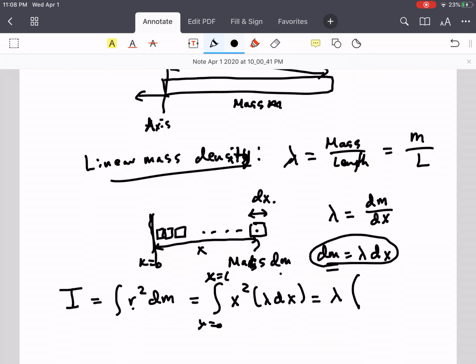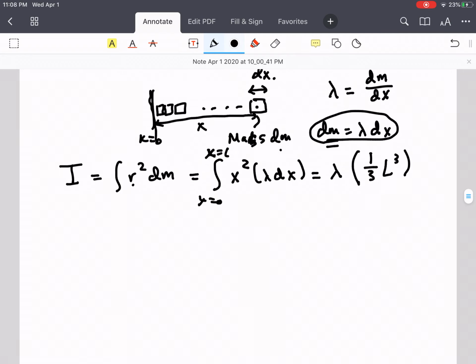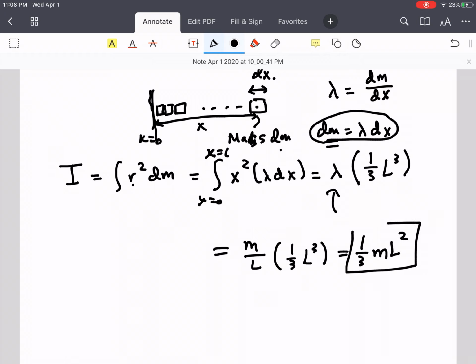And when I plug in the limits of integration, this becomes 1/3 L cubed. So we are almost done at this point. I have to plug in the fact that lambda is m divided by L. And I get that formula that I mentioned in class, 1/3 mL squared, the moment of inertia of a thin rod.